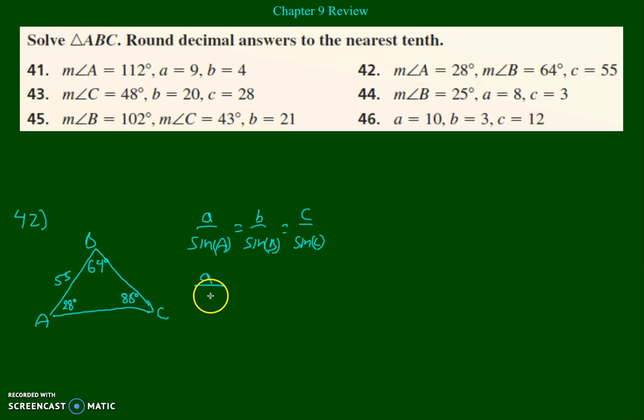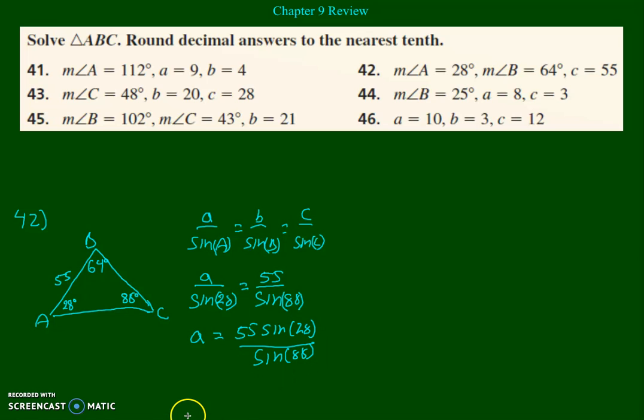So a is to sine 28 as, let's use c, which is 55, over sine 88, sine C. And solving for a, it's just a simple case of multiplying both sides by sine 28. So a equals 55 sine 28 over sine 88.